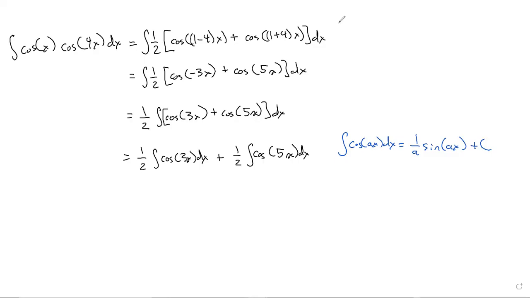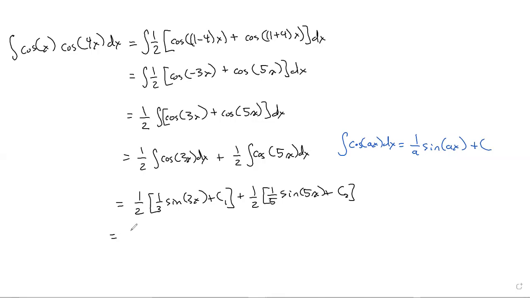So we'll go ahead and use that formula, and we end up with 1/2 times 1/3 sine 3x plus constant, and plus 1/2 times 1/5 sine 5x plus another constant.